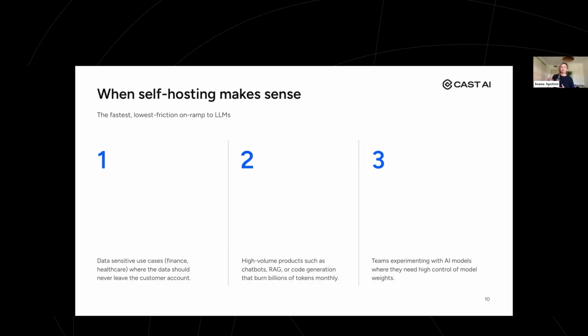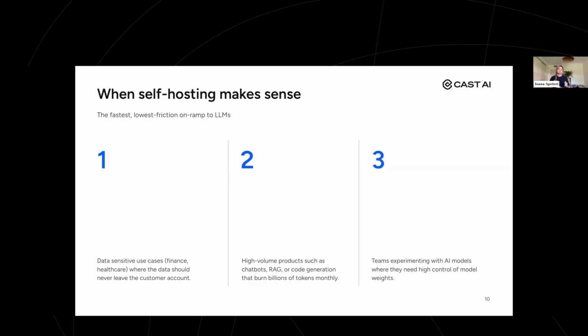Then when we look at the cost factor, when we see high volume token generation, such as chatbots, RAG, code generation, which also generates a lot of tokens, cost increases exponentially, so this is when you want to take control over it.